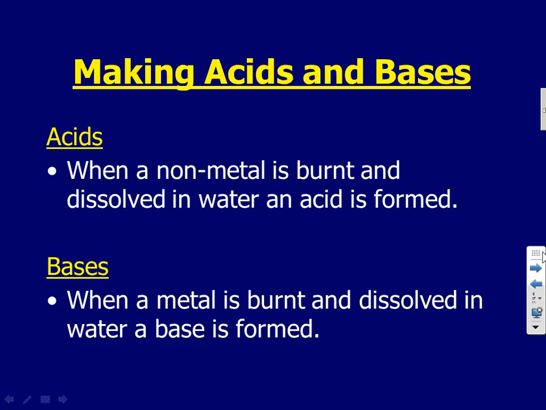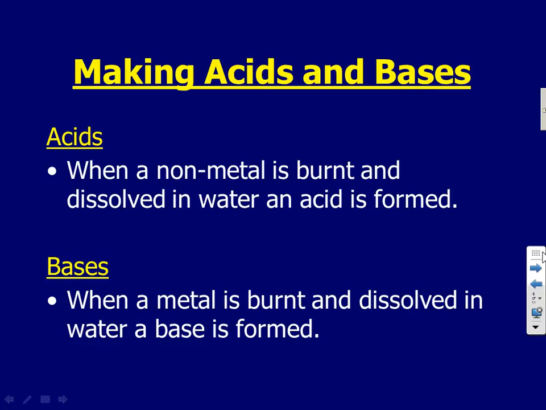So these guys here, hydrochloric acid has chlorine in it. Carbonic acid and acetic acid has carbon in it. Nitric acid has nitrogen in it. Sulfuric acid has sulfur in it. Phosphoric acid has phosphorus in it. All right? So the nonmetals, when they're burnt and you dissolve whatever you have in water, you then produce the acid.